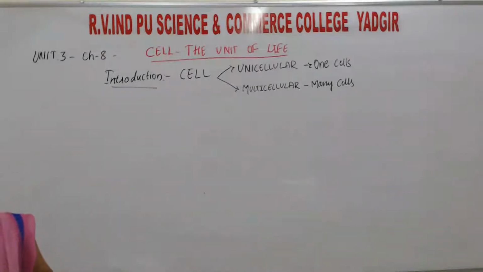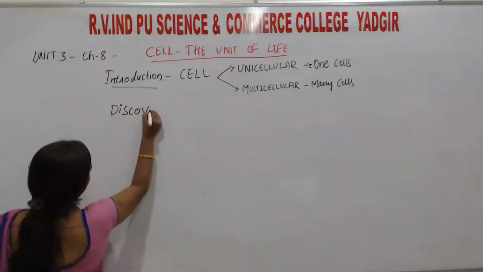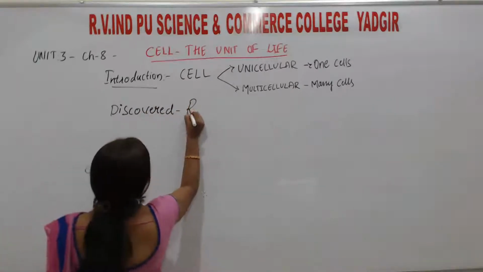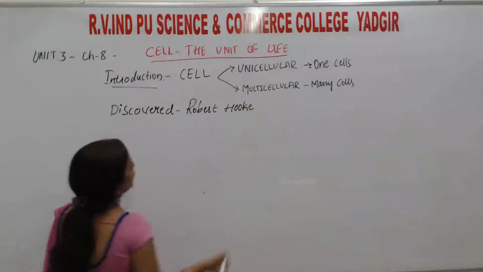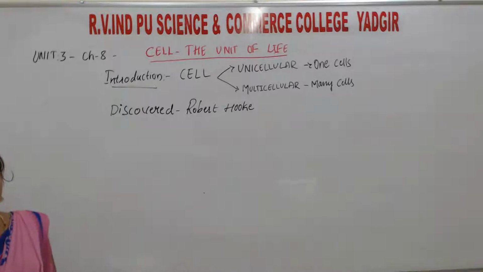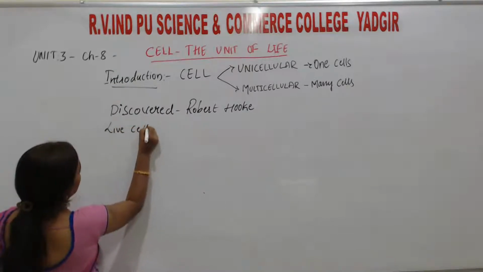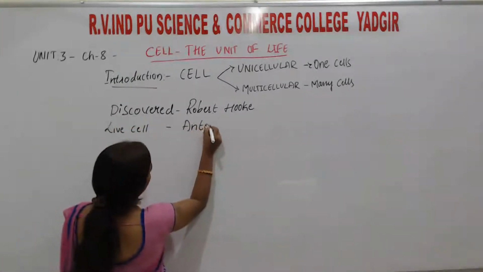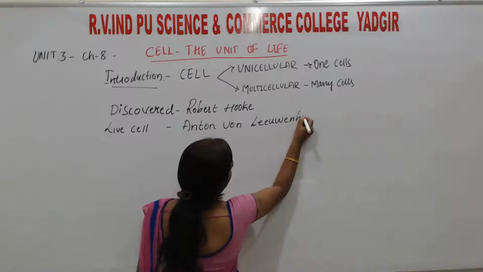Next, the cell was discovered by Robert Hooke, and the first live cell was seen by Anton von Leeuwenhoek.